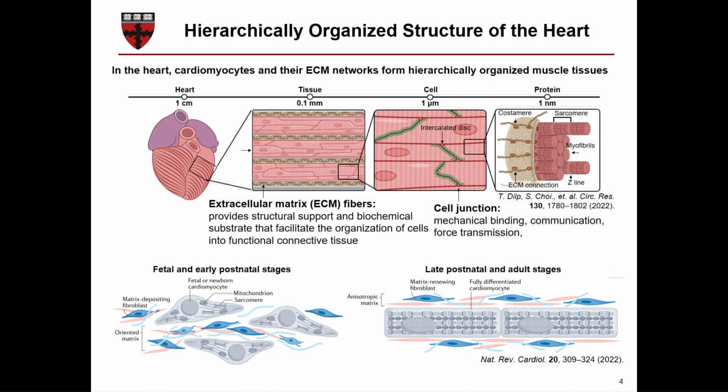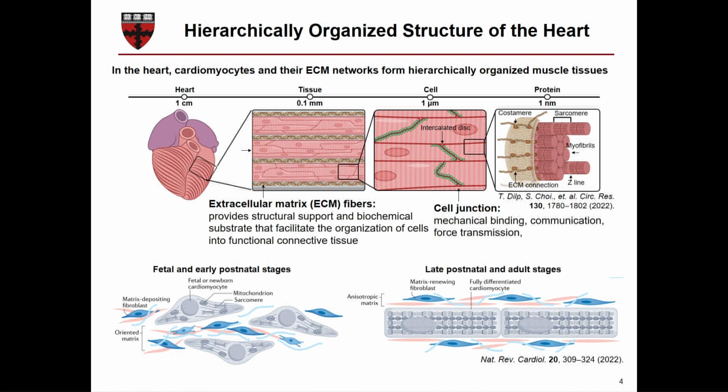so that they provide efficient pumping. And when we think about the ECM organization during heart development, you can see here that in the early stage of heart development, the cardiomyocytes are less organized, and the ECM is still secreted by fibroblasts.